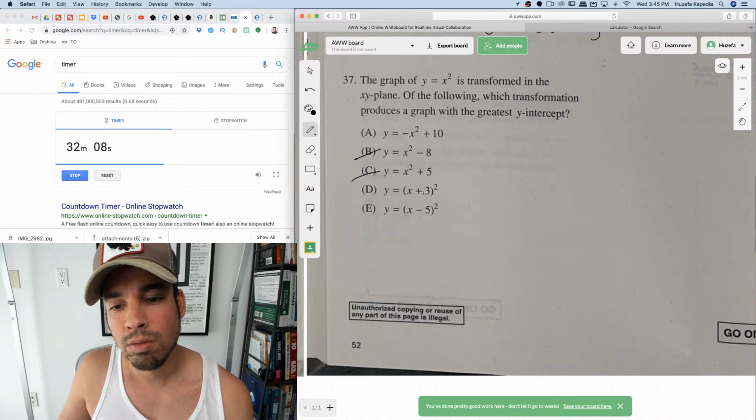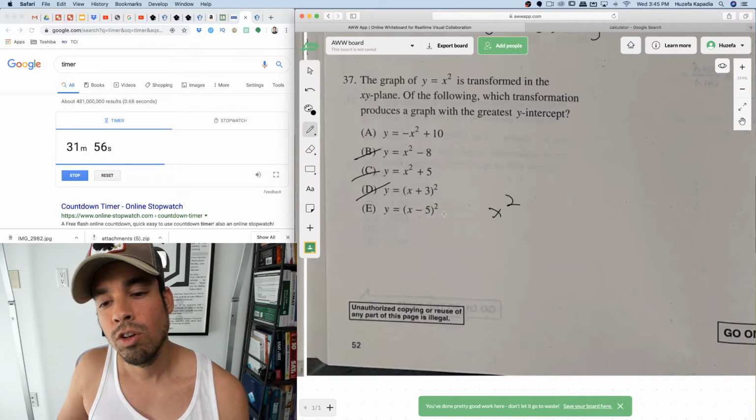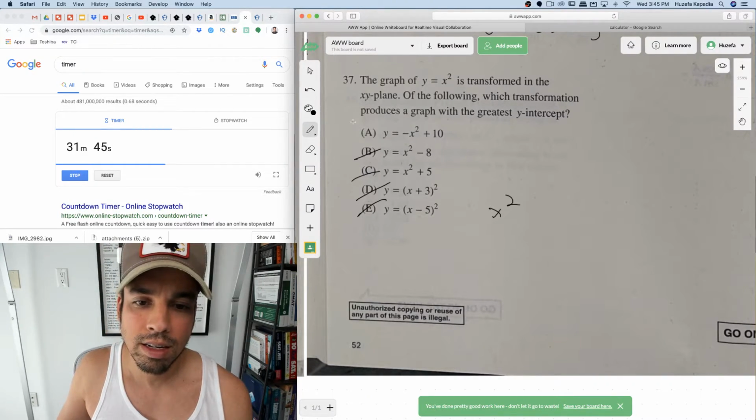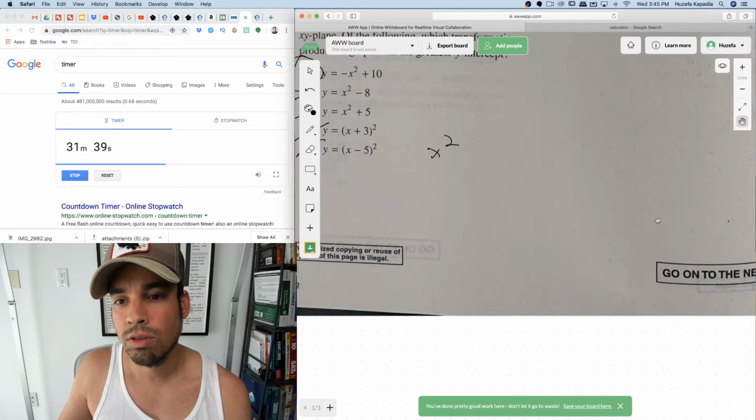X squared plus something plus 9. No, sorry, this is a y-intercept of 0. That's a shift left. That's a shift right of 5. So that's also 0, 0, 5, -8, it's 10. Even though it's going down, it's got the greatest y-intercept.